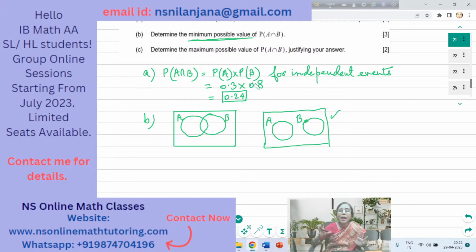So we have to assume that P of A and P of B may be independent, they may not be independent. P of A value is 0.3, that is fine. P of B's value is also 0.8, that is also fine. But now we have to assume that they may not be independent.